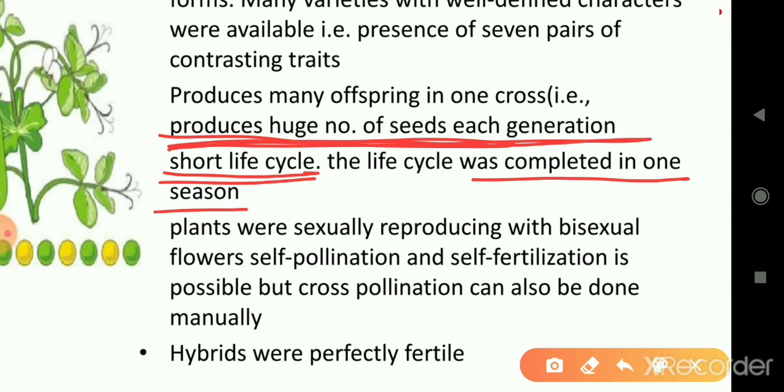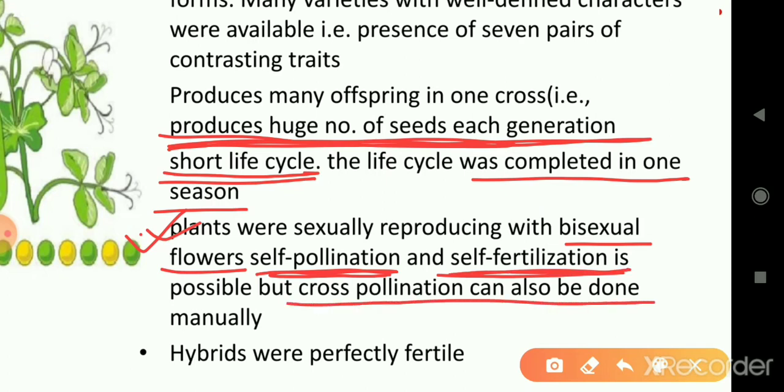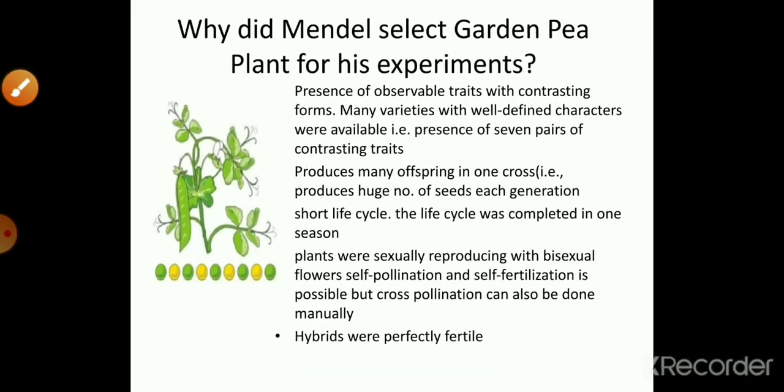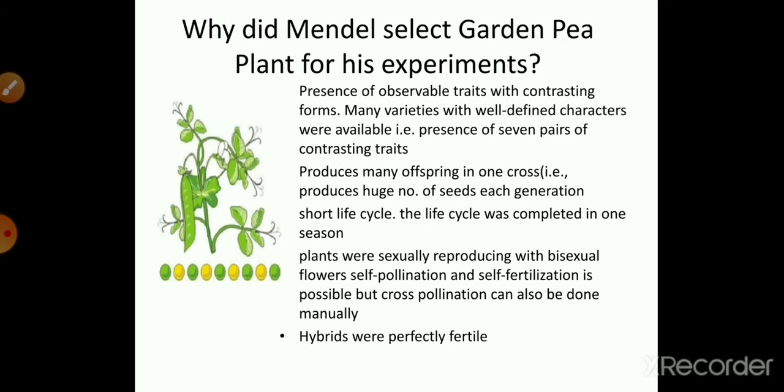Then, as the plants produce bisexual flowers, normally the plant underwent self pollination and self fertilization, but in a controlled manner, cross pollination could also be performed quite easily. And after cross pollination, the hybrids that were produced were perfectly fertile. Because of these reasons, Mendel selected the garden pea plant for his experiment.